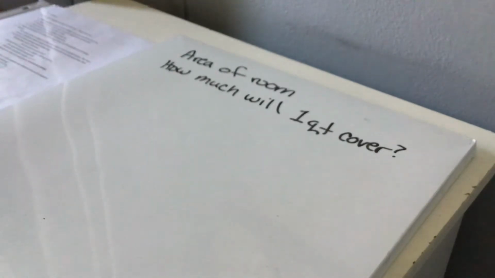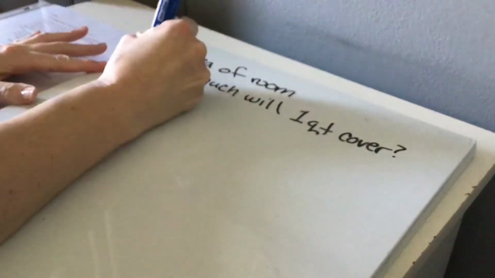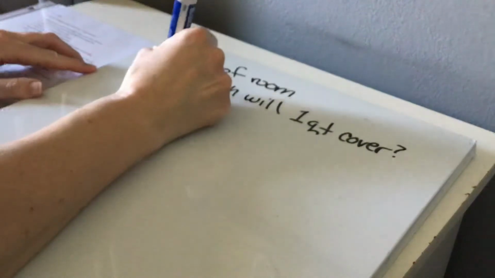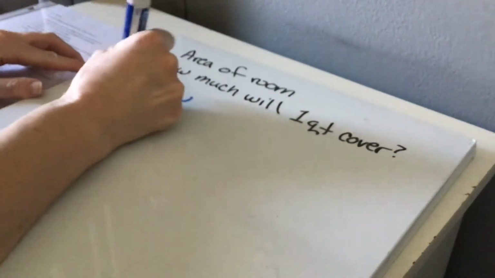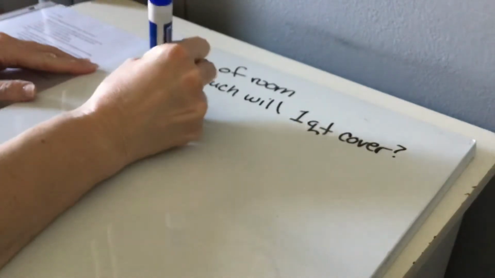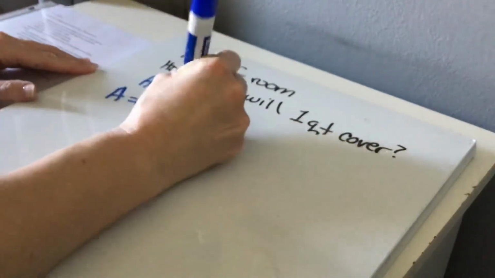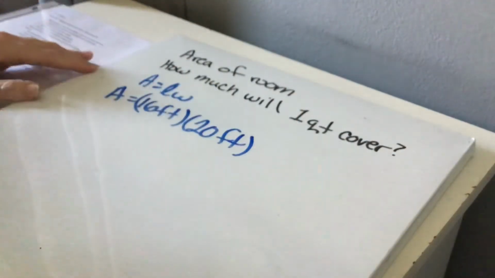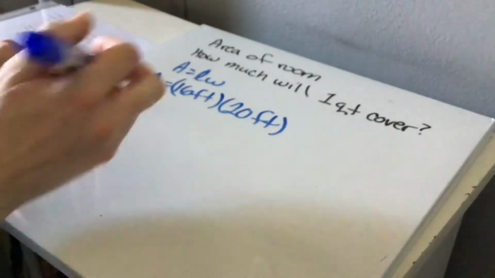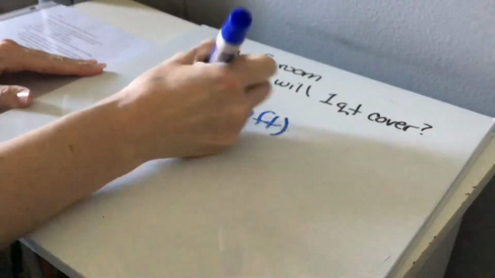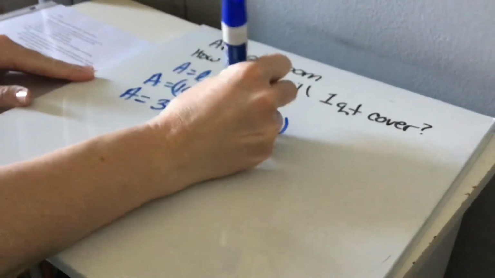So the area of the room: the area of a rectangular room is the length times the width. And we're told that it measures 16 feet by 20 feet, so the area is 16 times 20. When we multiply that out, we get that the room is 320 square feet.